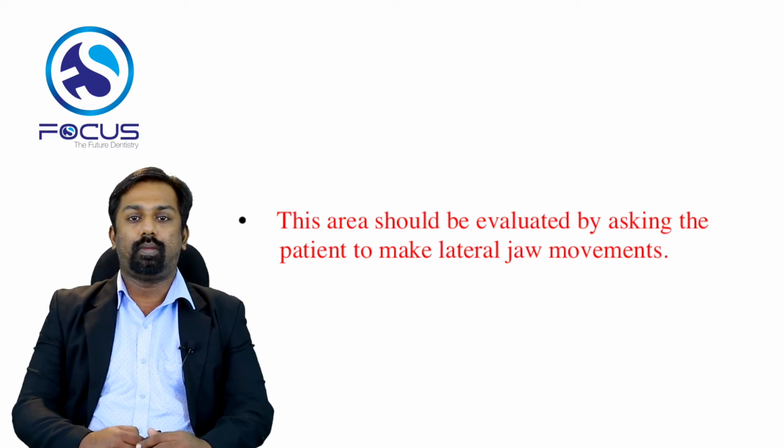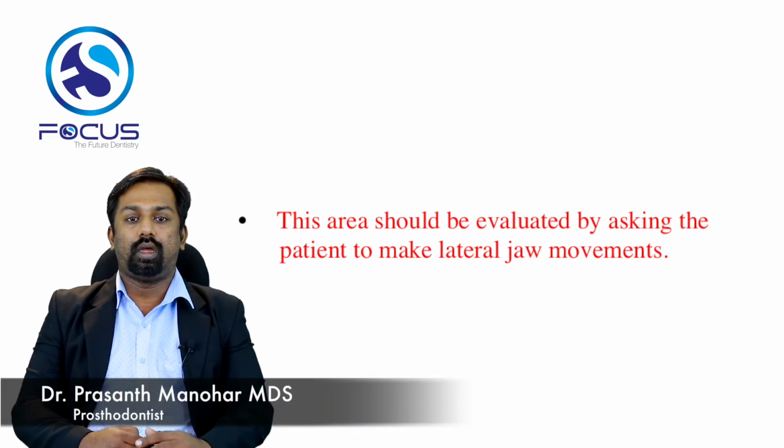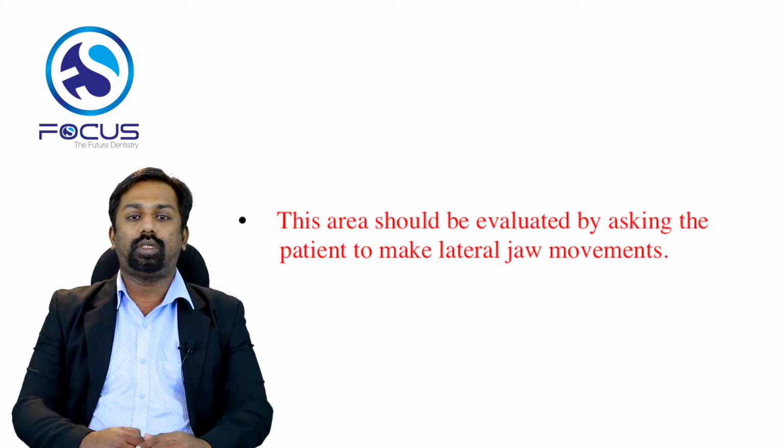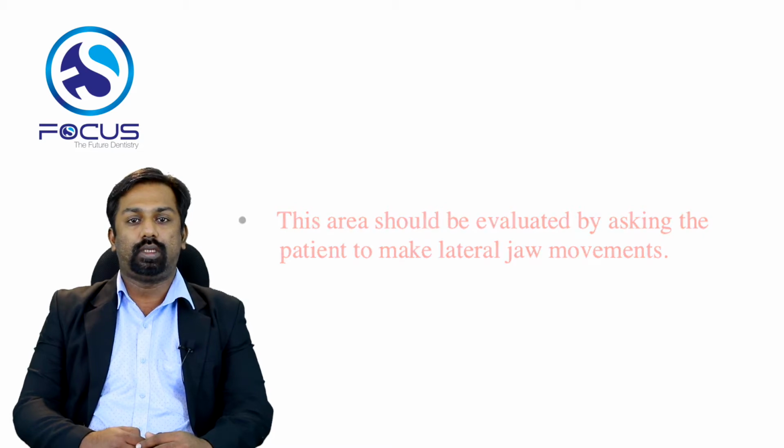When it contracts, the size of the buccal vestibule varies. The amount of ridge resorption that has occurred in the maxilla also affects the size of the buccal vestibule, and also the position of the mandible affects the size of the buccal vestibule. So this area has to be evaluated by asking the patient to make the lateral jaw movements.